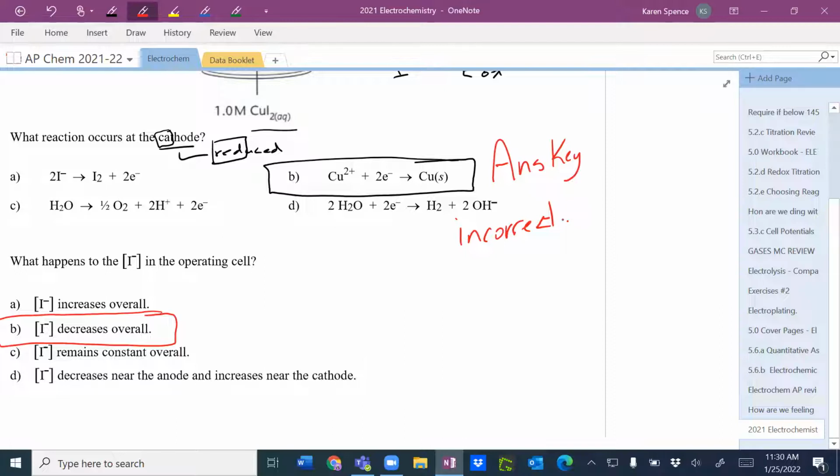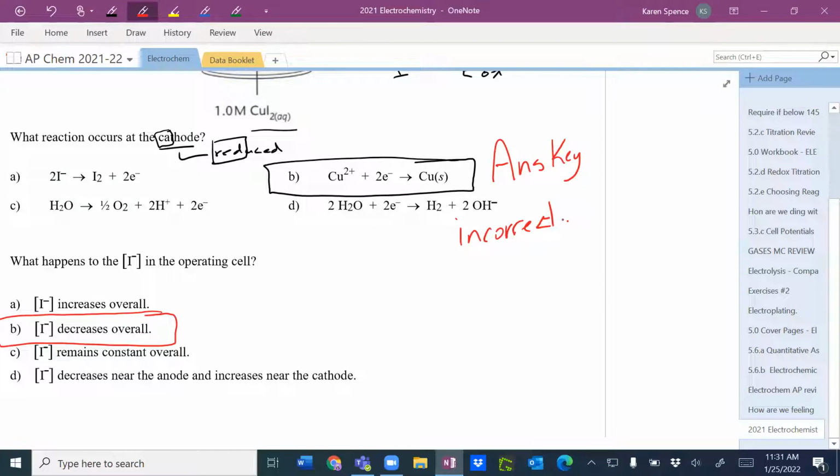Okie dokie-ish? Nobody's willing to commit. That's okay. All right. If there's no other questions, shall we call it a day then? And you guys can go off and study and work on things.